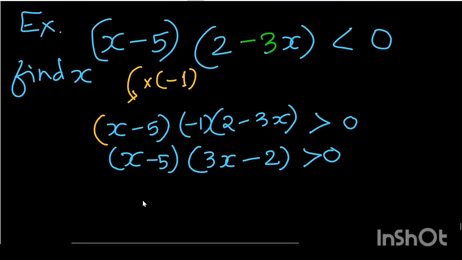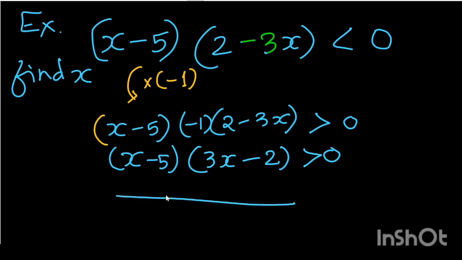Accordingly, x minus 5 becomes 0 at 5, and 3x minus 2 becomes 0 at 2 by 3, so 2 by 3, 5, plus minus plus. In the same way we can proceed as we did in the previous examples. We only need to multiply by minus 1 on both sides, which changes the sign.